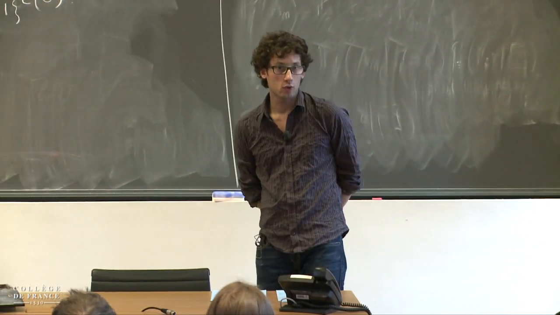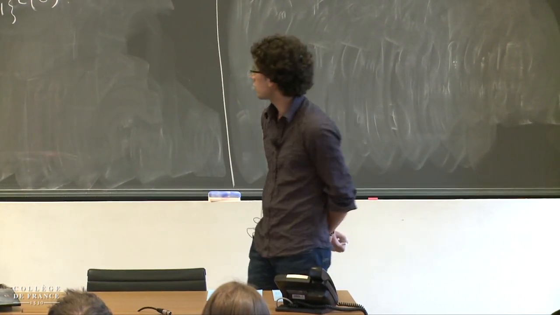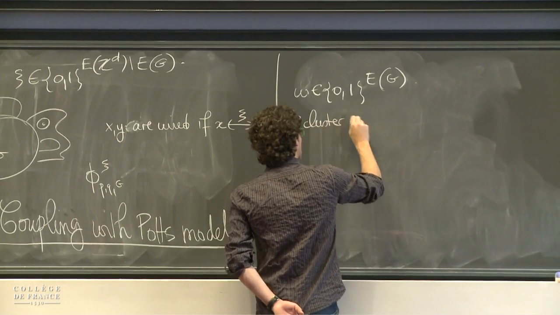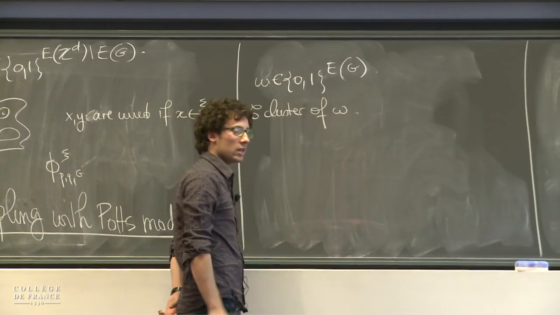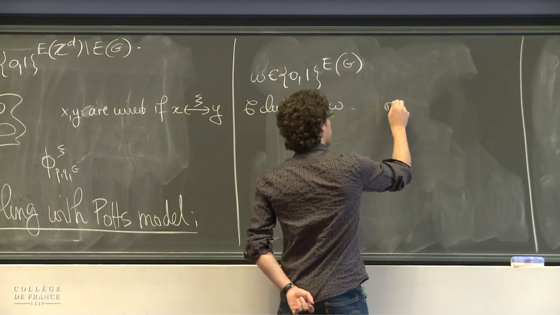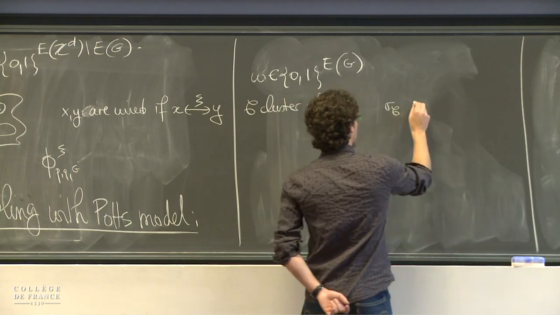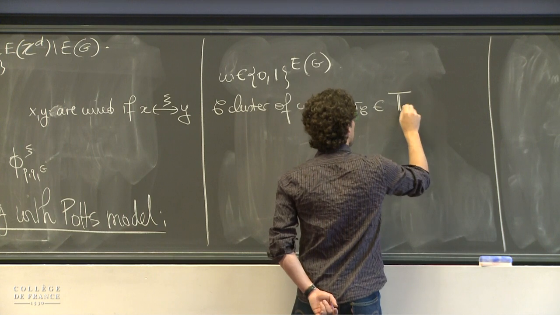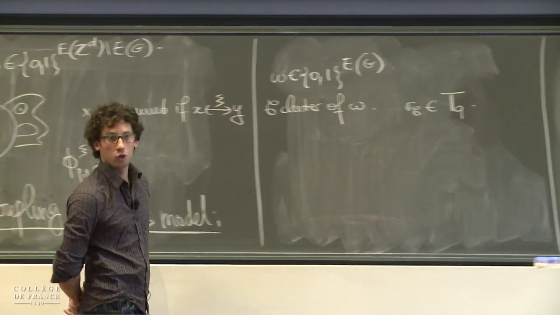Take a cluster of your configuration. So let's take C, a cluster of omega, and just choose, independently at random, a spin sigma of C in the spin space, so one of the Q colors.